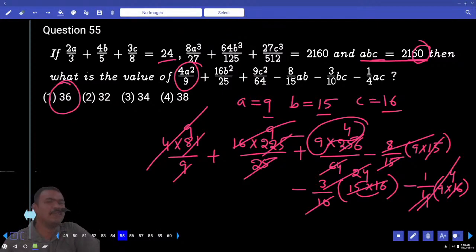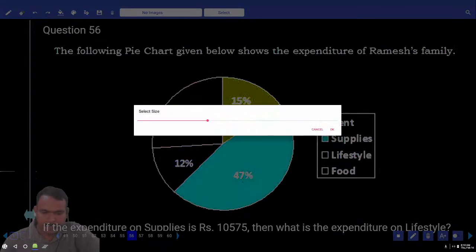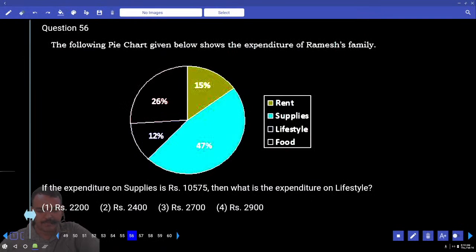Okay, verify the values. Next, question number 56. Can I skip the working and go directly to the question? What is the lifestyle percentage? What is the supplies percentage? 47 percent means 10575 divided by how much? 47 into, what is the lifestyle percentage?